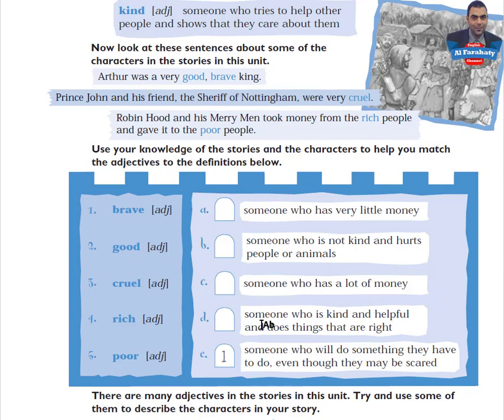D. Someone who is kind and helpful and does things that are right. E. Someone who will do something they have to do, even though they may be scared. You are asked to match these adjectives to the definitions here. Take your time to do the task, then come back to check your answers.